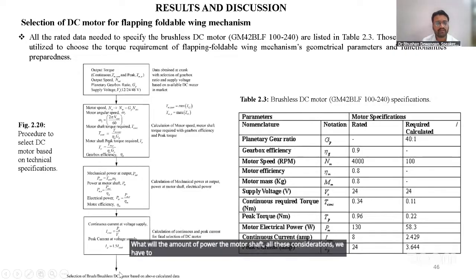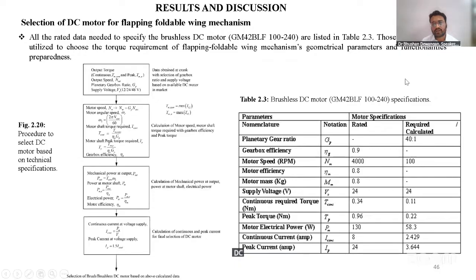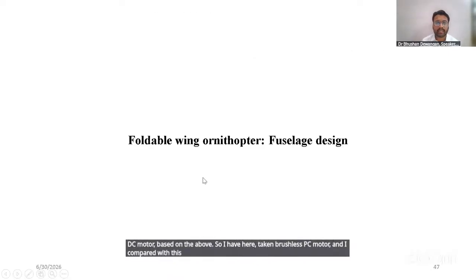Then after, we will find out how we can select the brushless DC motor based on the above. So I have taken a brushless DC motor here, compared with it, and this works fine.